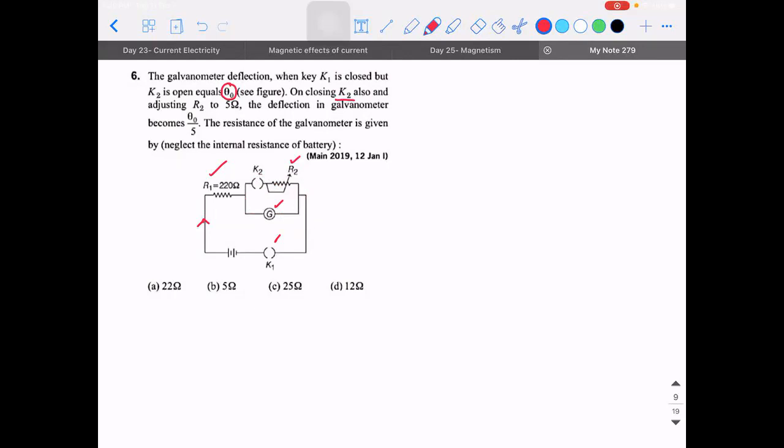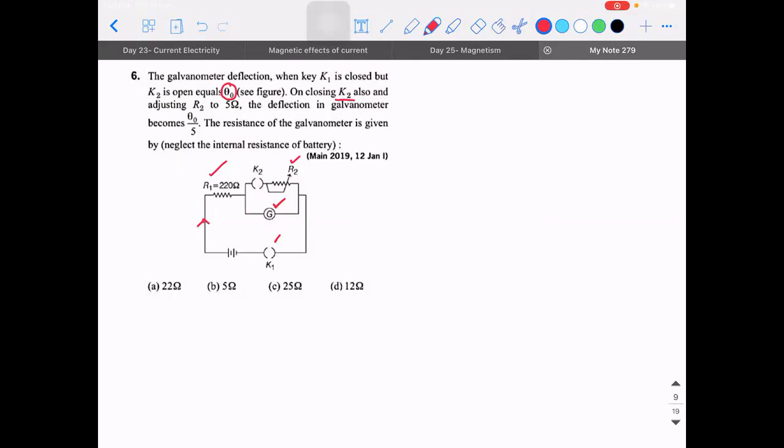If these conditions are satisfied, then what is the value of the galvanometer resistance that comes out? Are you guys clear with the question? Yes, sir. Okay, let's try to solve this.